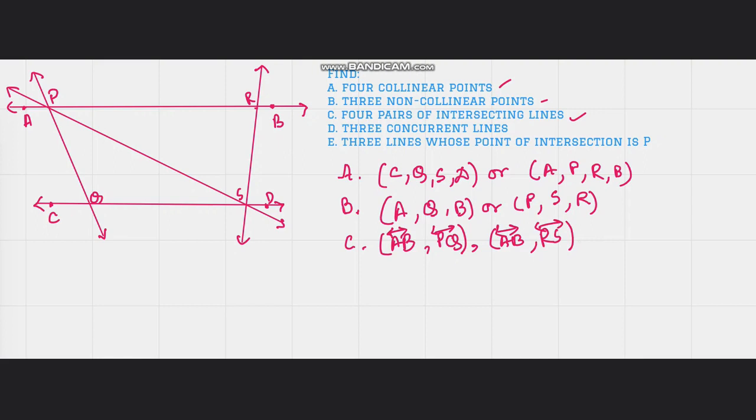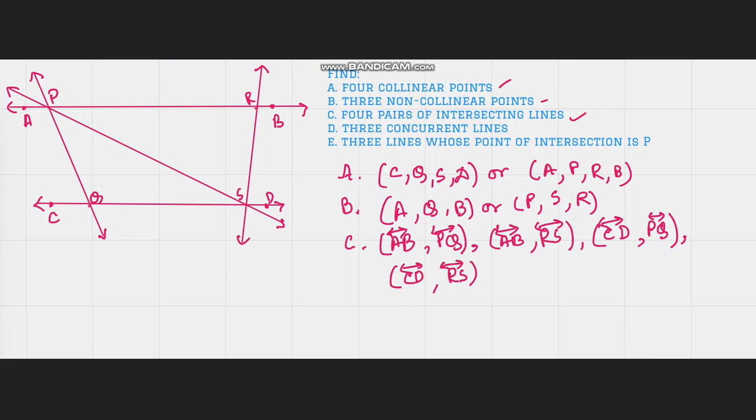What are the other pairs? Other lines we can think of, like CD. This line CD and PQ are intersecting at point Q. So CD and PQ, right? So we got 3 pairs of intersecting lines. Let us find the other one, like CD and RS.